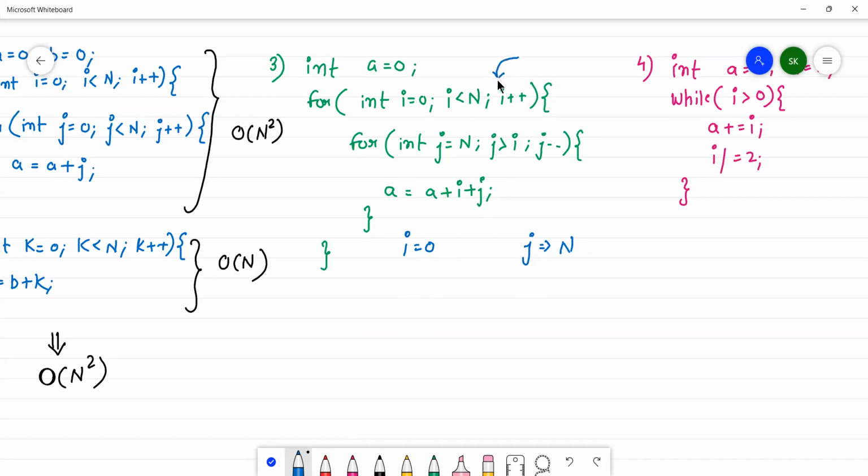When your i is equal to 1, your j will run from n till greater than 1, that is 2. That means it will run up to n minus 1. When your i is equal to 2, your j will run for n minus 2. Similarly, it is going to continue, yes or no?